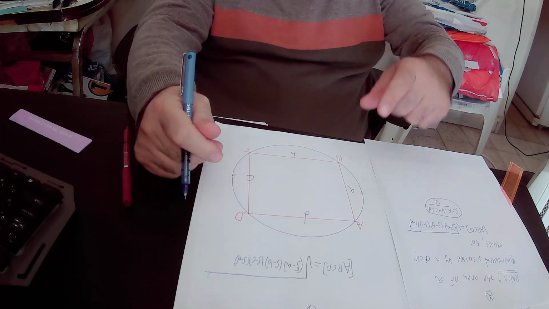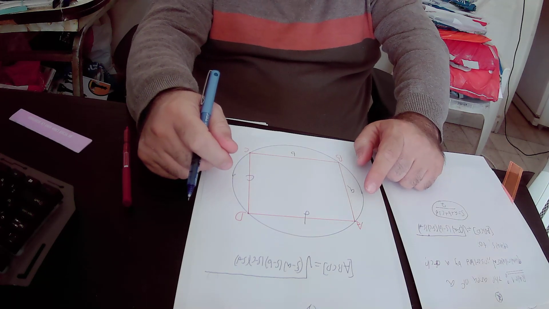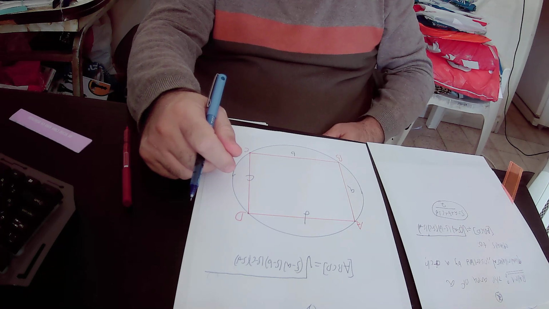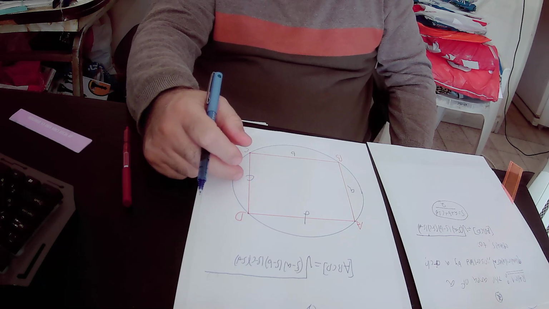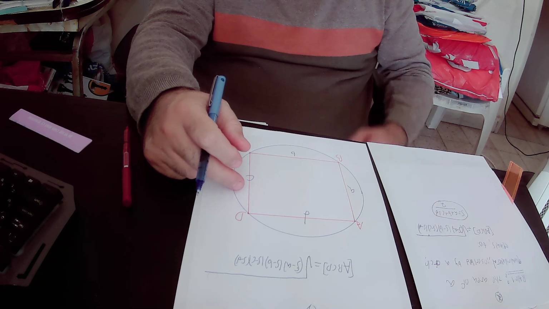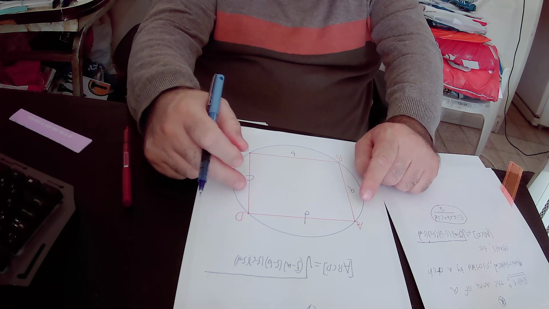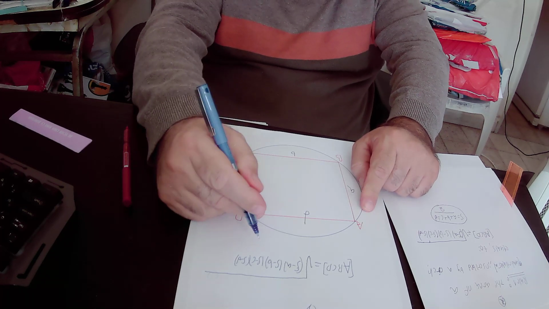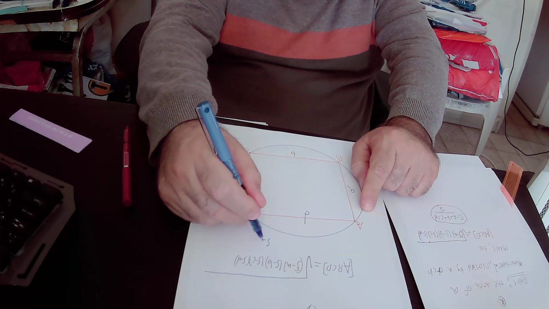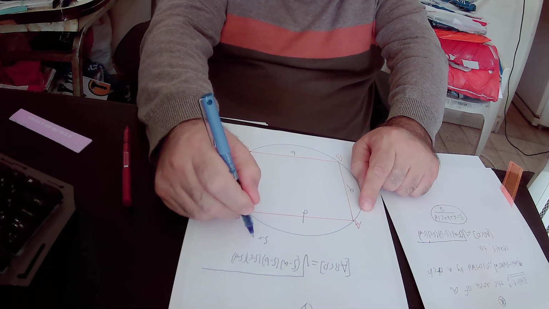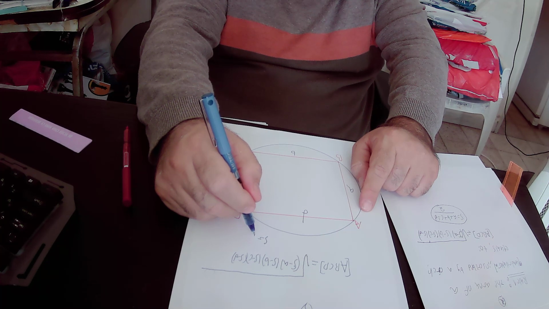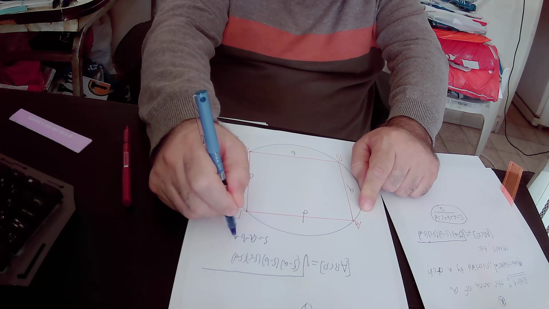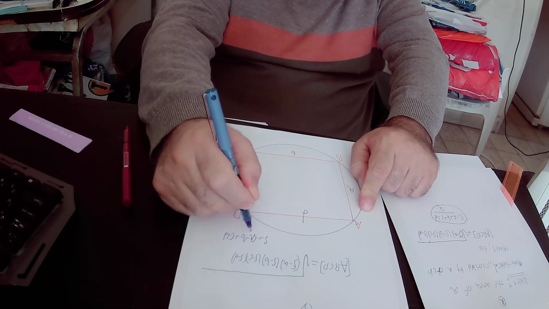So I already said side AB equals A units in its size, side BC equals B units, side CD equals C units, and side AD of quadrilateral ABCD equals D units in its size, and S equals the sum of quadrilateral ABCD sides. This is to say S equals A plus B plus C plus D over 2.